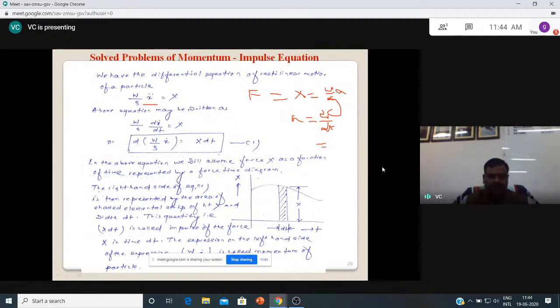x double dot is d x dot by dt, that is dv by dt, with v represented as x dot. W by g into d x dot by dt is equal to the force. Now take this d by dt outside: mass into velocity. d by dt of mass into velocity x. Then multiply both sides by dt, so the differential of mass into velocity equals x into dt.